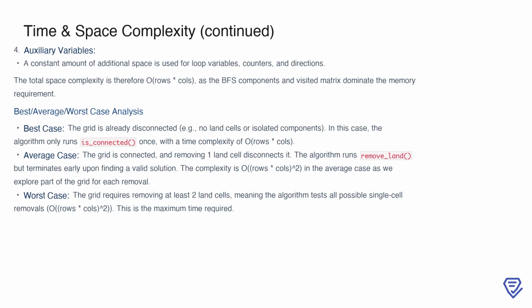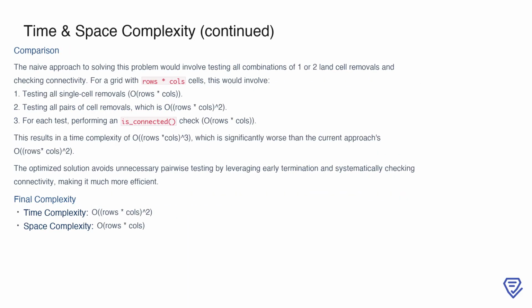To highlight the efficiency of the optimized solution, let's compare it to a naive approach. A straightforward but inefficient method would involve testing all combinations of 1 or 2 land cell removals to check connectivity. For a grid with rows * cols cells, testing all single cell removals requires O(rows * cols), and testing all pairs of removals involves O((rows * cols)^2).